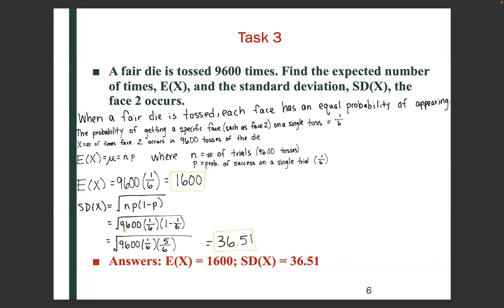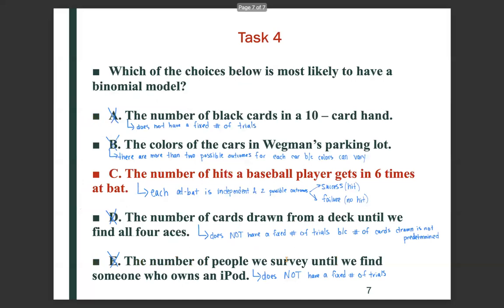So the square root of 9,600 times 1/6, that's the success probability, and then the probability of failure is 1 minus the success probability, which is 1 minus 1/6, giving 5/6. When you simplify, you get 36.51. So 1,600 is the expectation of X, and 36.51 is the standard deviation of X.